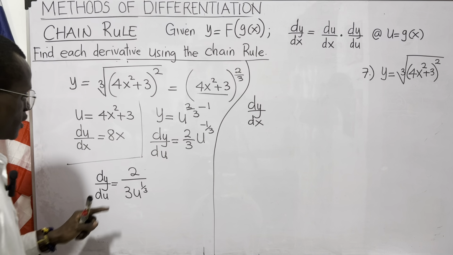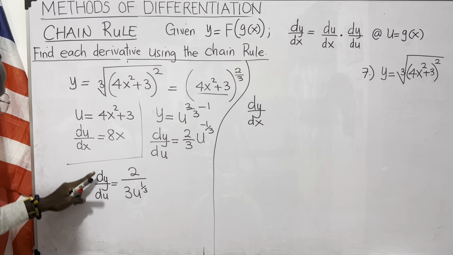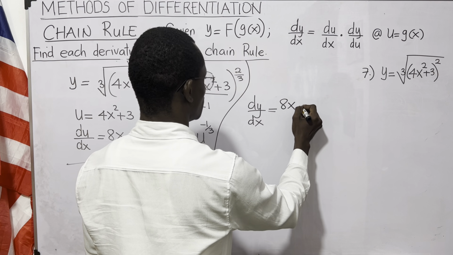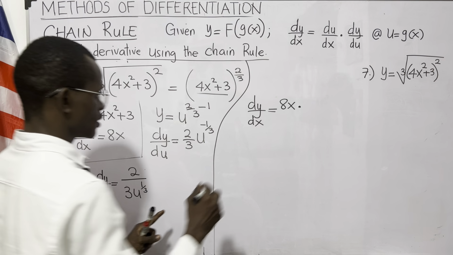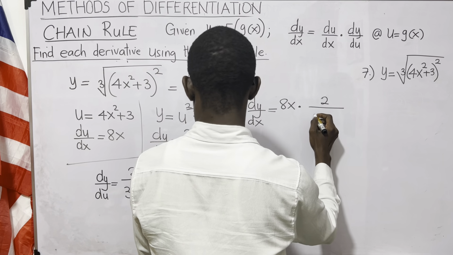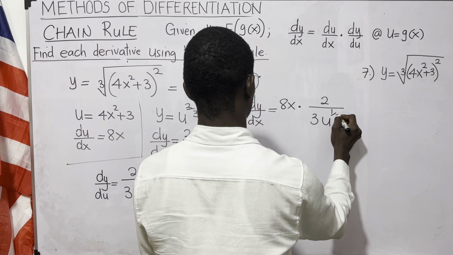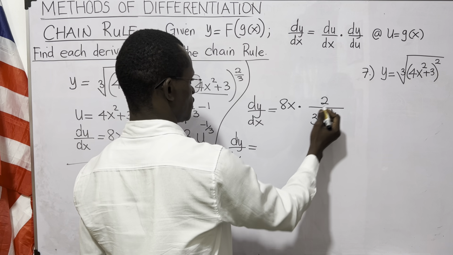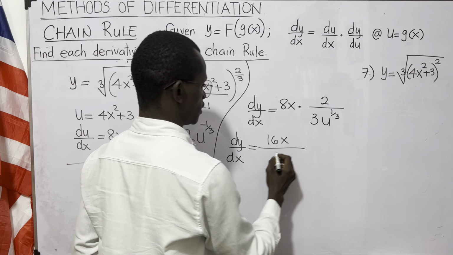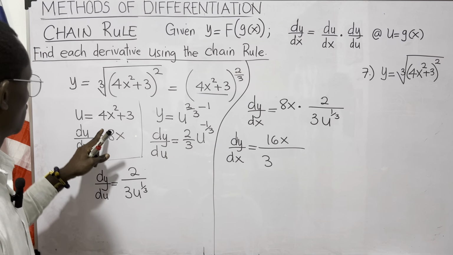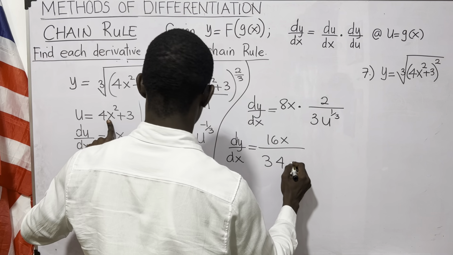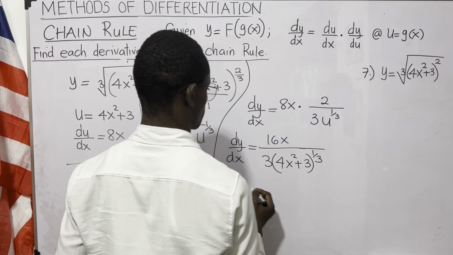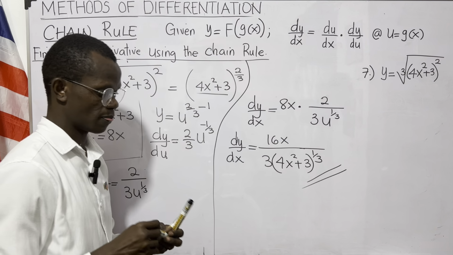And what is it? du/dx times dy/du. So du/dx is just 8x times dy/du, which is 2 over 3 u to the power 1/3. So dy/dx equals 8 times 2, which is 16x, over 3. u now is (4x squared plus 3) raised to the power 1/3. So this is our final answer.